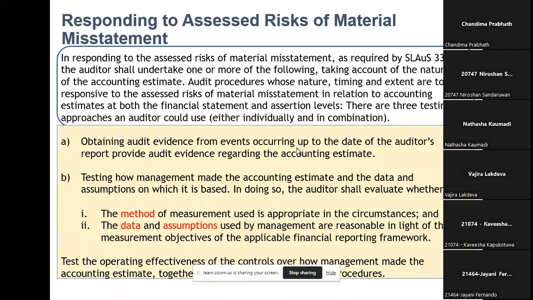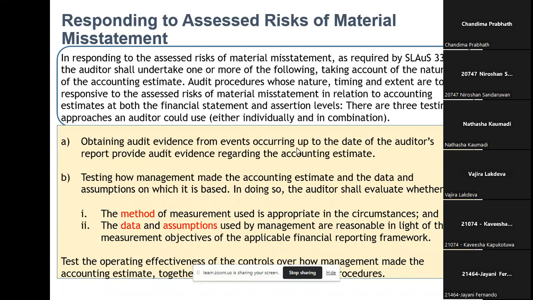Audit procedures whose nature, timing, and extent are responsive to the assessed risk of material misstatement in relation to the accounting estimate at both the financial statement and assertion level. As part of the risk-based audit approach, we identify risk of material misstatement at two levels: at financial statement level and at assertion level for classes of transaction, account balances, and disclosures.